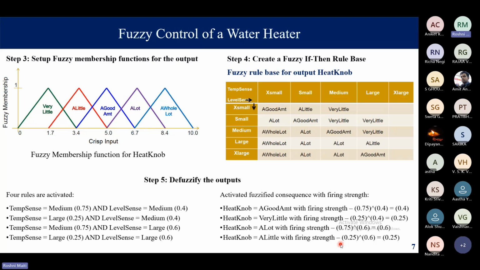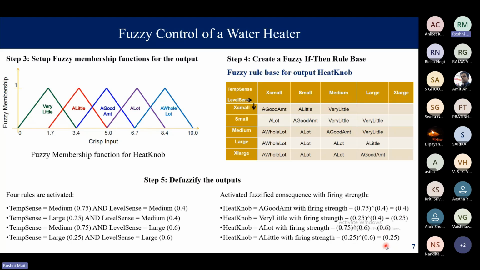Therefore, we are concerned about the current data, where our input data is now, and depending upon that we have to check what our output will be. Now, after this, we have defuzzified our outputs, but till now, what will be our ultimate output?